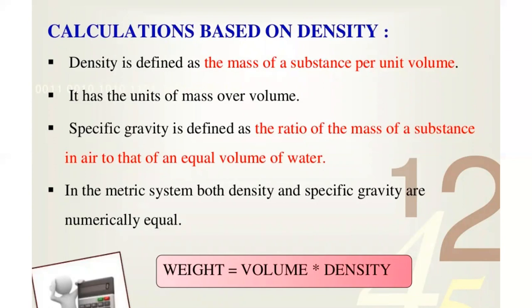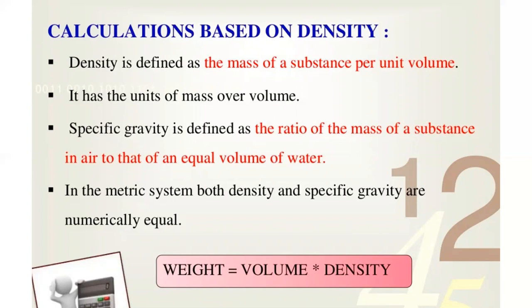The ratio between the mass of the substance in air to the equal volume of water is called specific gravity. In the metric system, density and specific gravity are numerically equal.